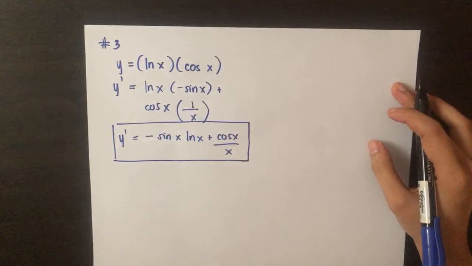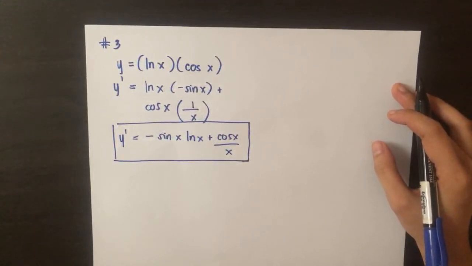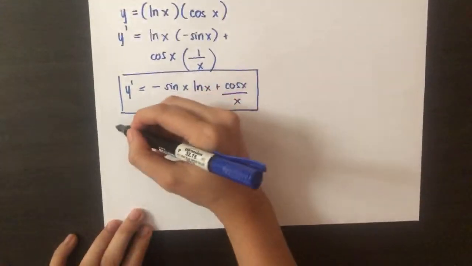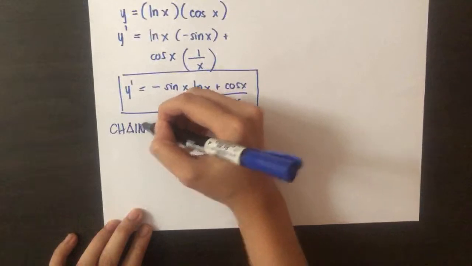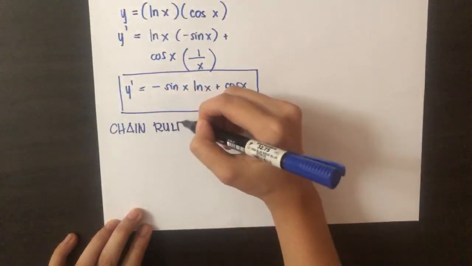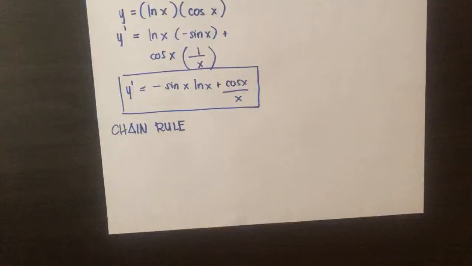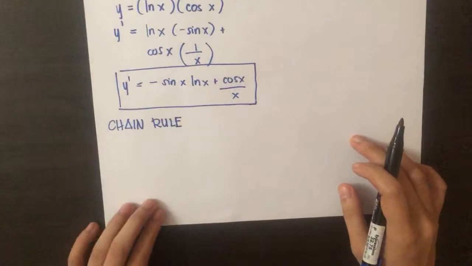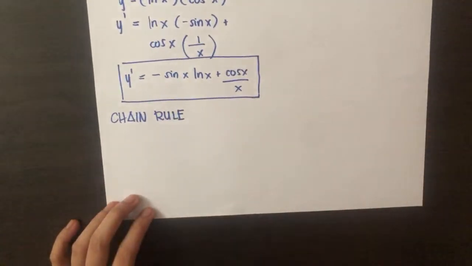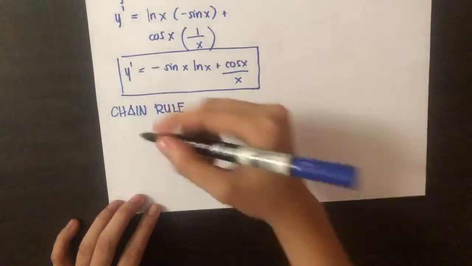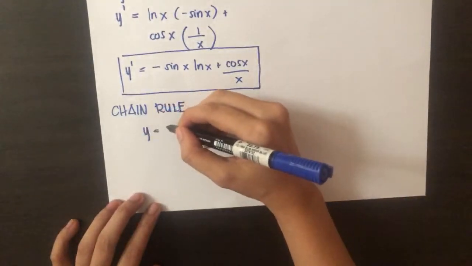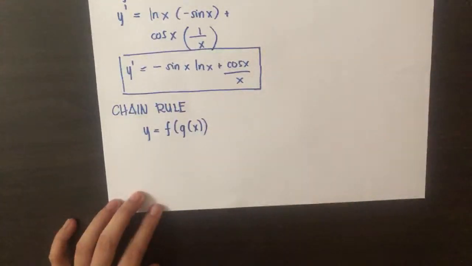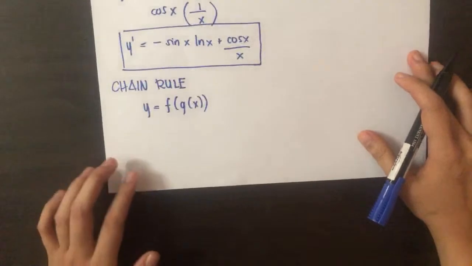Now, let's proceed sa chain rule. So, chain rule is when we differentiate a function of a function. So, example, meron kang y is equal to f of g of x. Diyan mo gagamitin si chain rule.